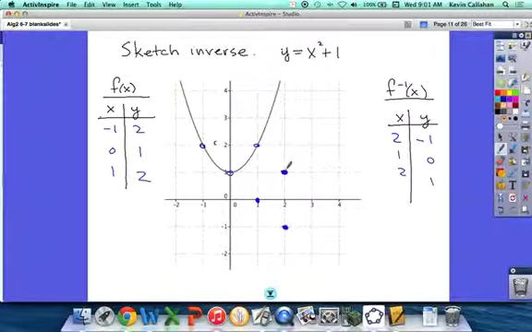And can we see the shape of the graph by doing that? Looks like it's going like this. Something like that. And it should look like, if I drew the line y equals x right through the middle, that one is just a flip across that line.